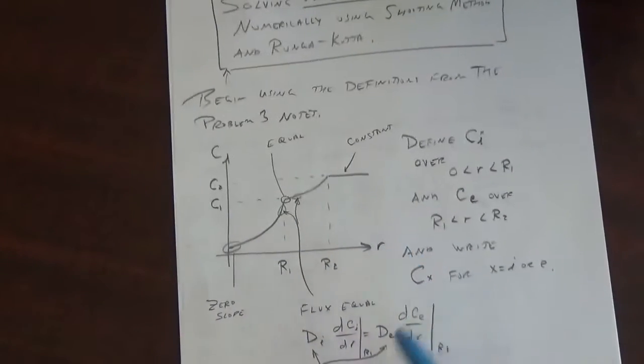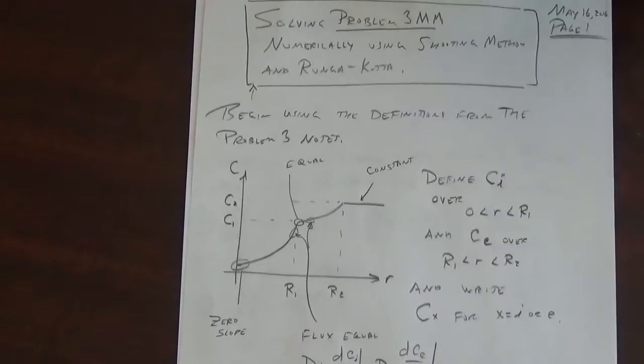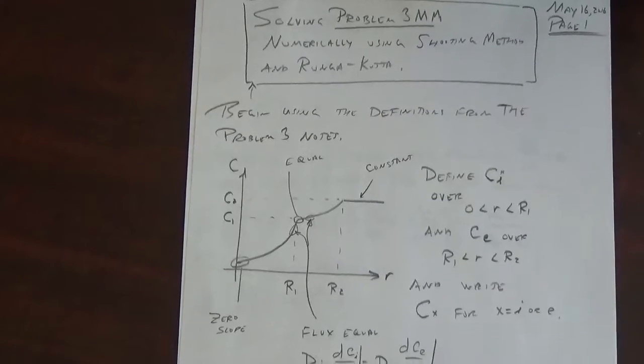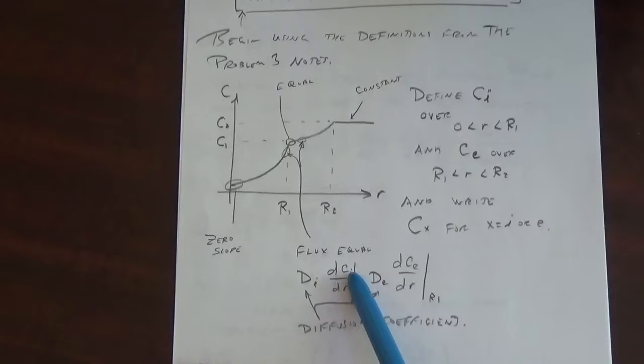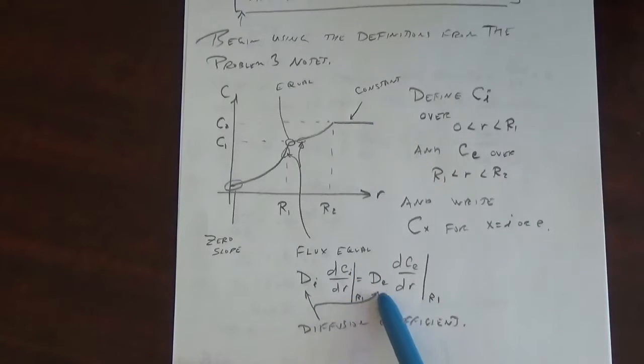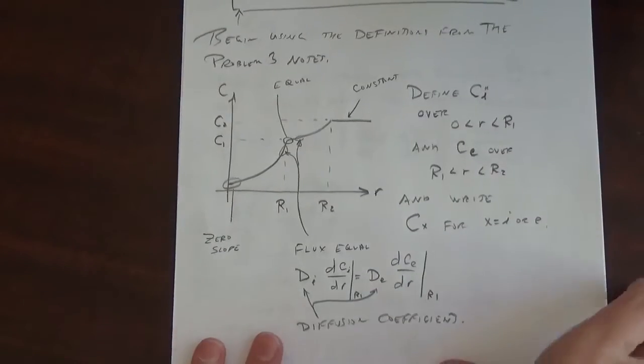So we're saying that at R1, the slope of the interior with respect to R times the diffusion coefficient of the interior must be equal to the slope of the exterior concentration with respect to R times the diffusion coefficient of the exterior. So that's D sub I times dCi/dr is equal to D sub E times dCe/dr at R equals R1. So this is the setup.